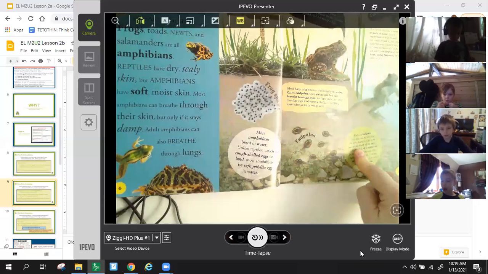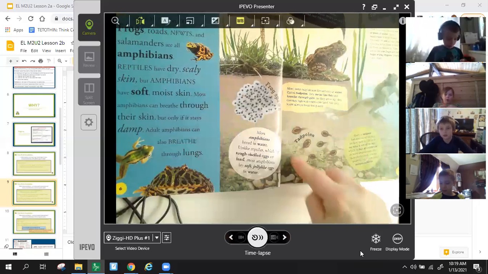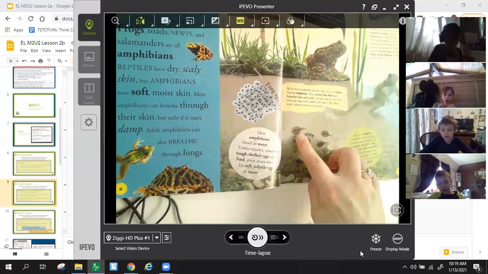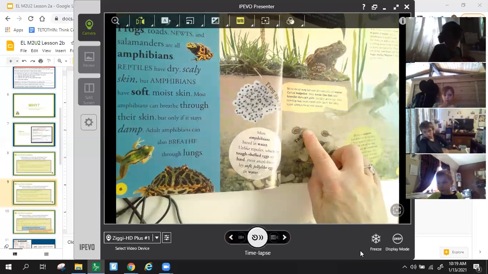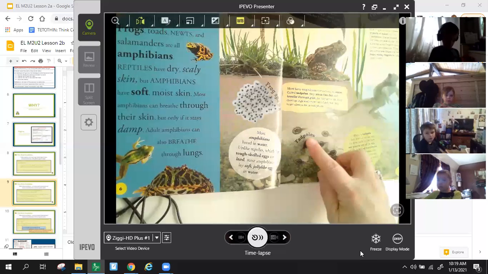So here are baby eggs, and then here's another picture of tadpoles, so we can look at their body shape, right? Because here it says that they swim like fish, and they develop legs.